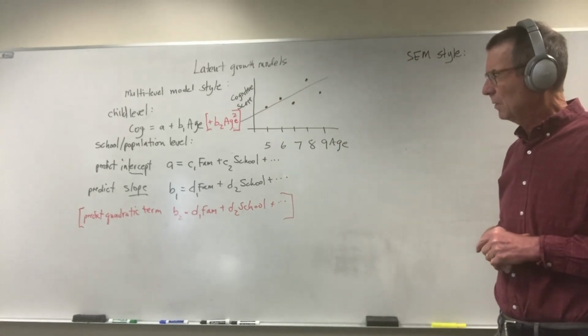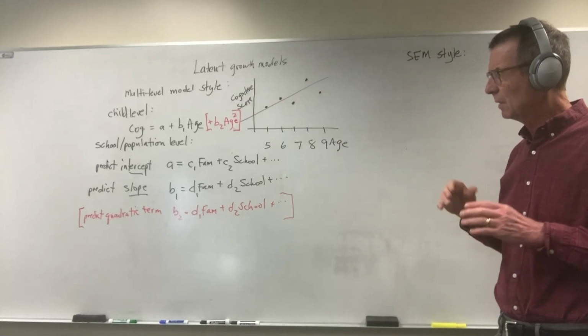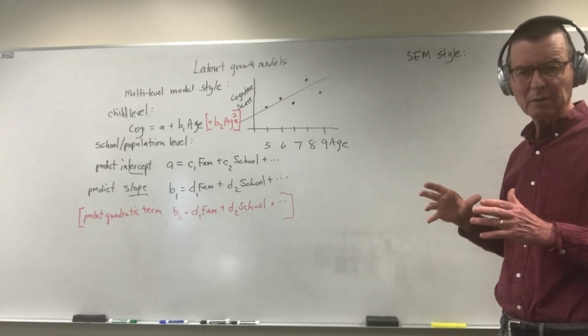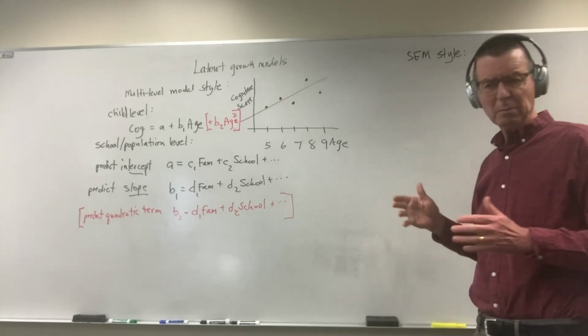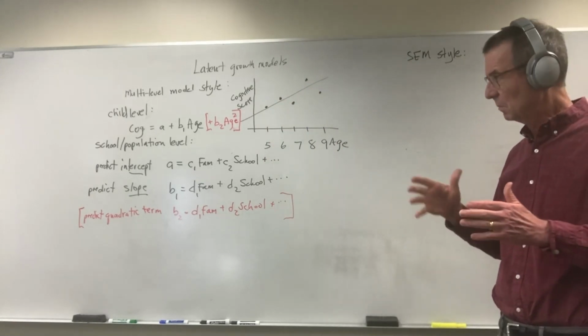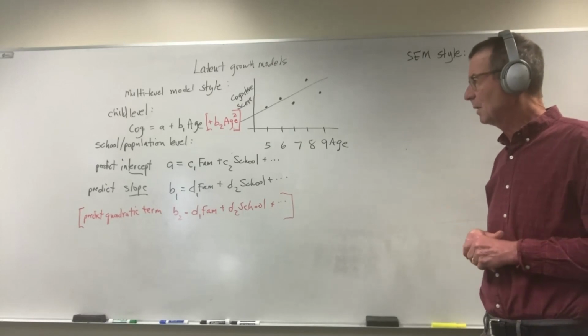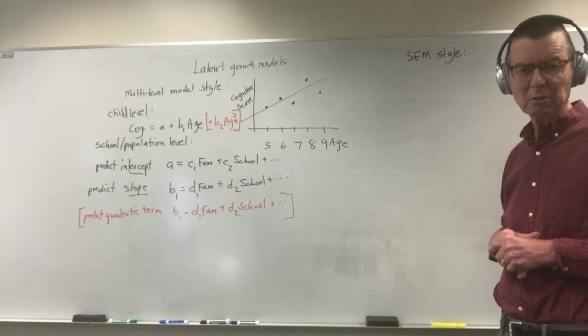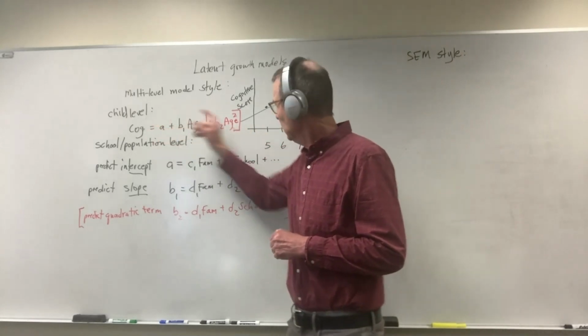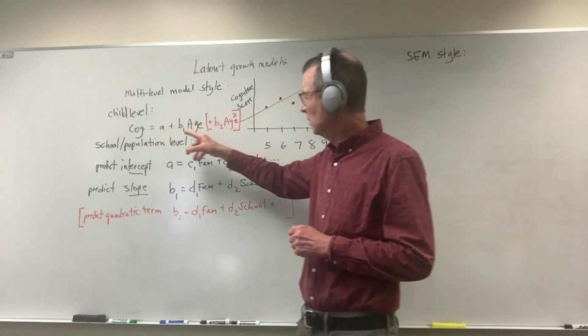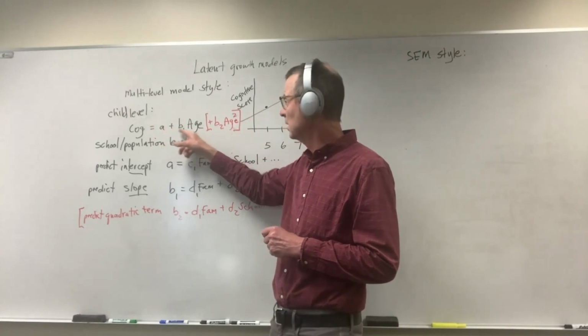All right, so the first level of the multi-level model is at the level of the child. And it's a very simple equation. Usually it's essentially a bivariate equation. Sometimes there are control variables, but usually no control variables, where a child's cognitive score at a particular age is some linear function.